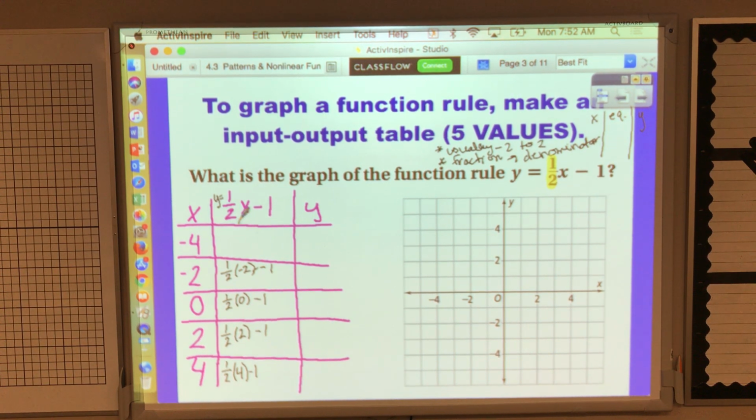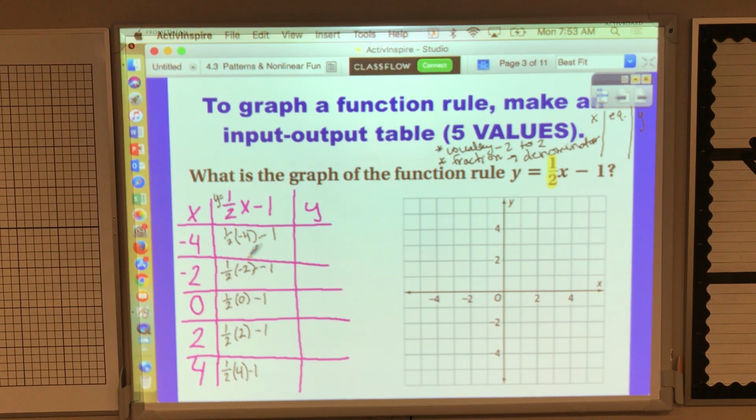On this function table, then we have to show our work. So when you do that, you take your x value, -4, substitute it in: 1/2 times -4 minus 1. That's my first step. That's my substitution. Notice I left myself some space, and that's to show the next step.